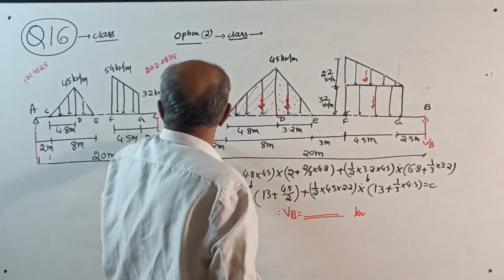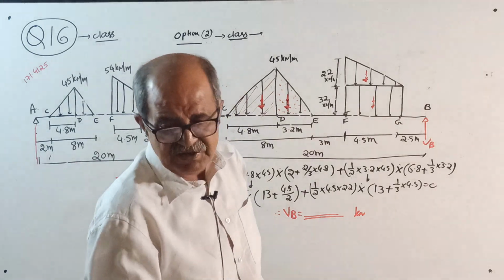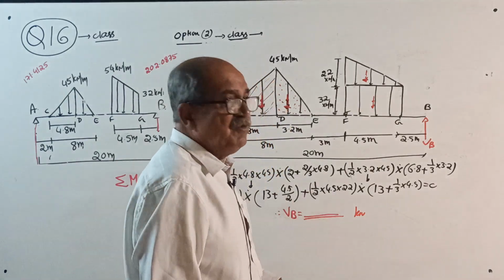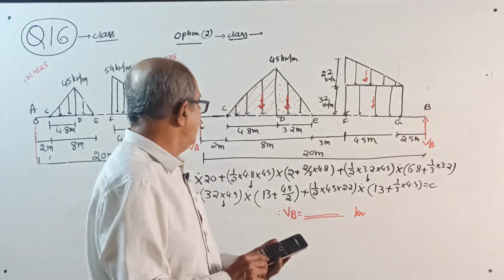I can write the answer: 202.0875. But in case any calculation mistake is there, I can check it now.